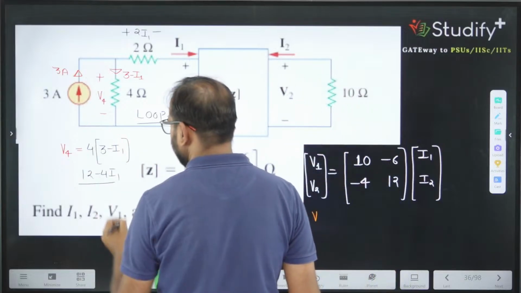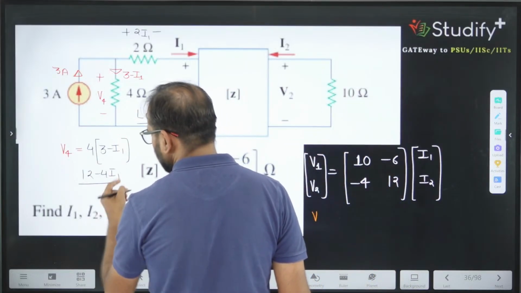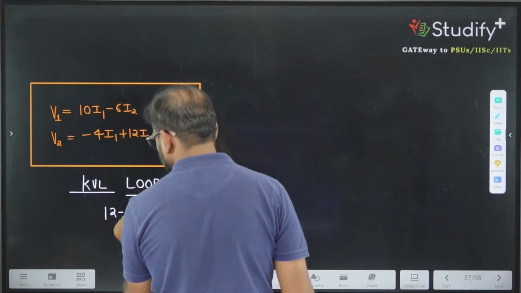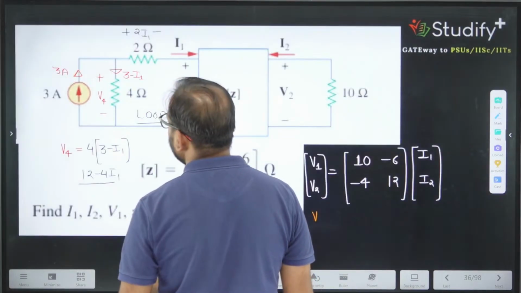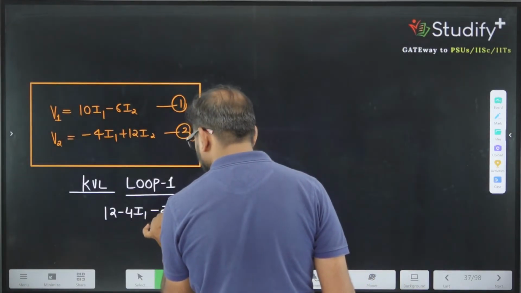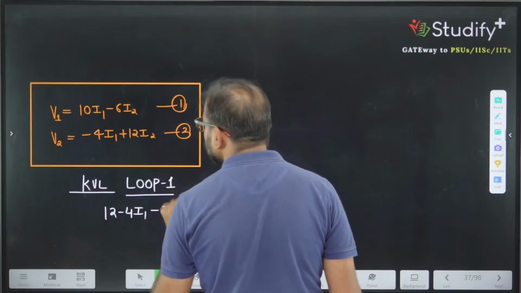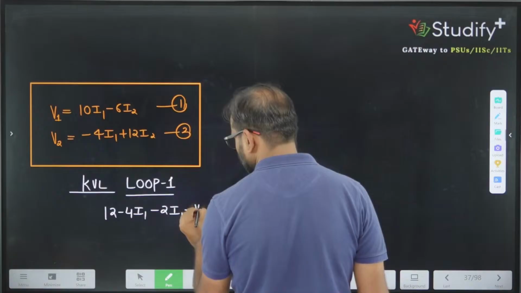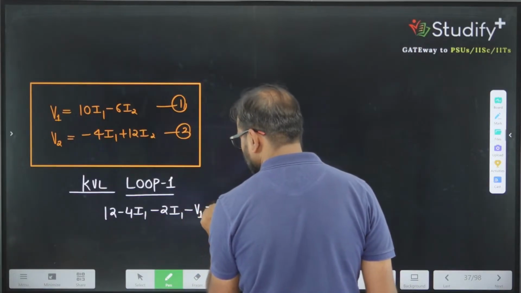This potential is V4, so V4 is 12 minus 4I1. Then V4 minus 2I1, and going from plus to minus, this is minus V1, equal to 0.